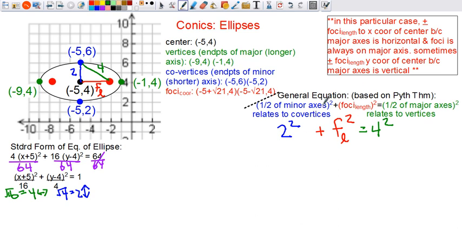This is a lot of words for basically Pythagorean theorem. And now I'm just going to use one color just because I don't want to get too gnarly here. 4 plus FL squared equals 16. I'm just going to simplify it all the way down. You minus 4 from both sides and square root it, so you get F sub L equals root 12.